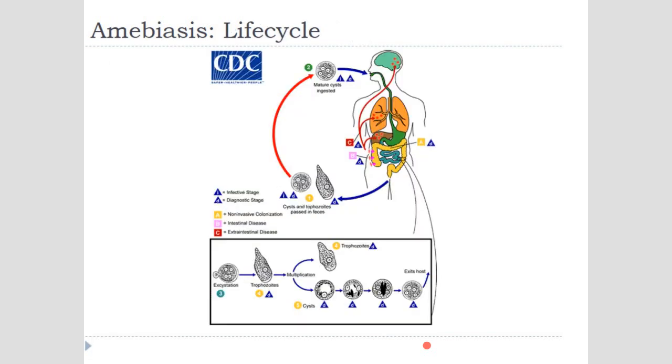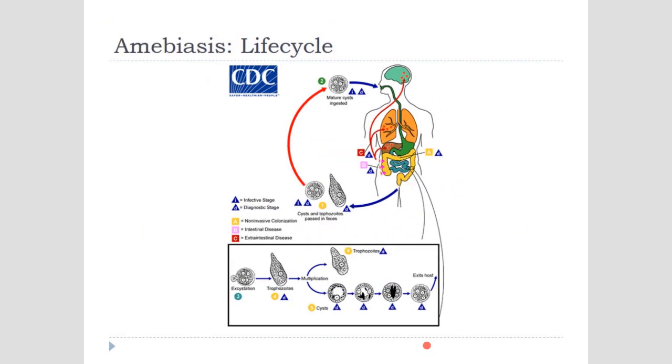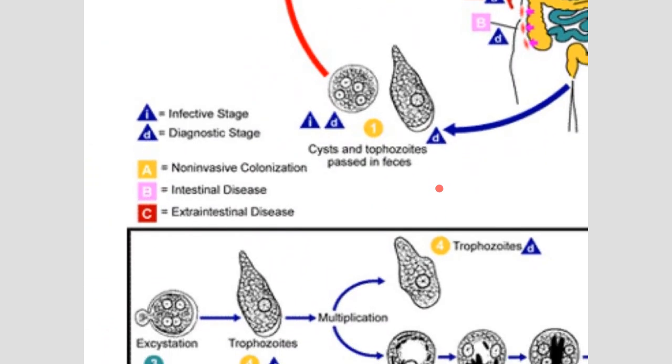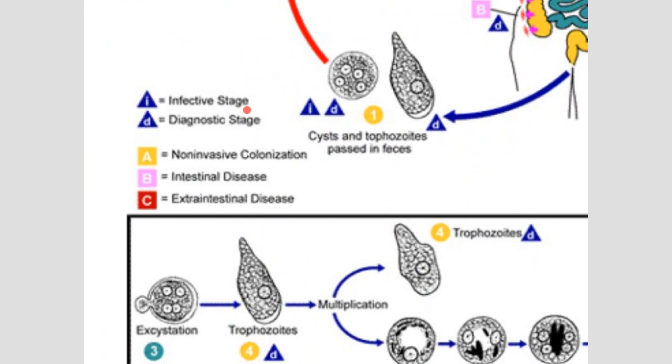So if you look again at the CDC cycle over here, let me go to the same legend, infective and diagnostic. And I'm repeating over and over again, but remember, I'm going to ask you which one is the infective stage and which one is a diagnostic stage.